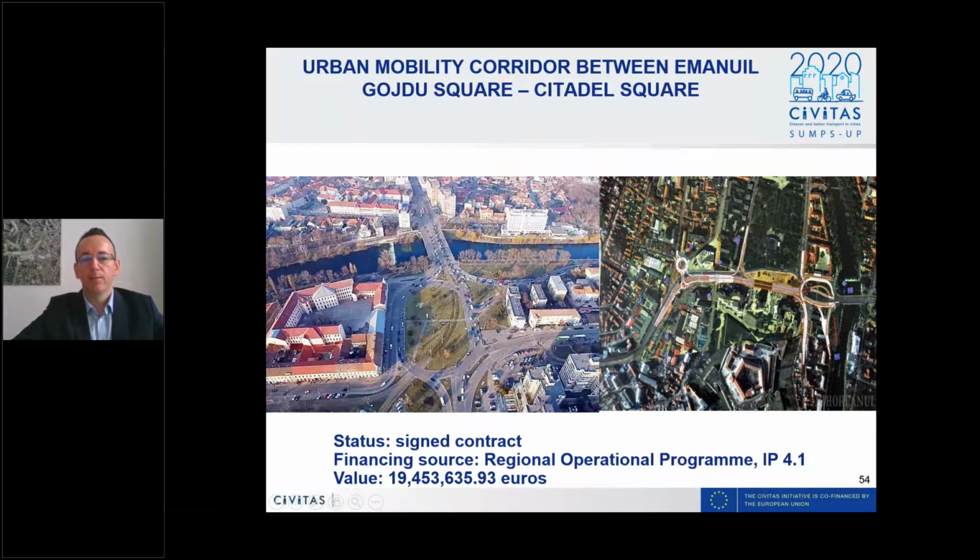This is a complex project that previously was focused on car traffic management, but little by little integrated the element of public transport.